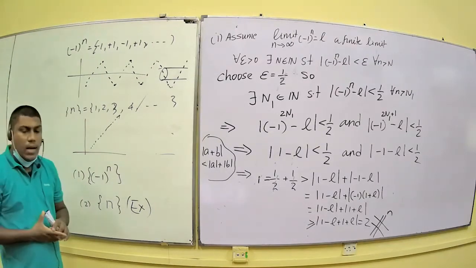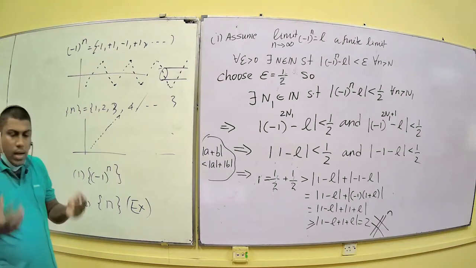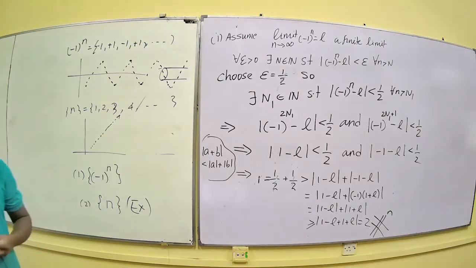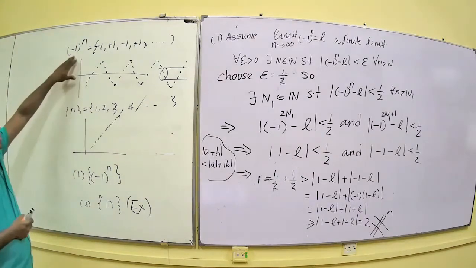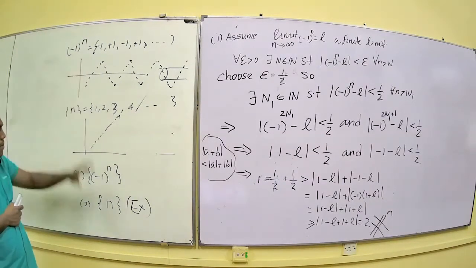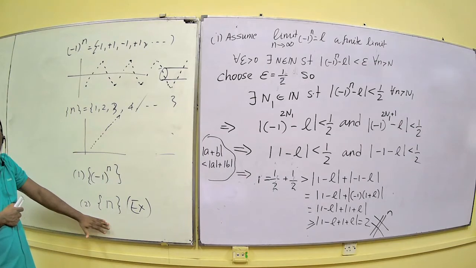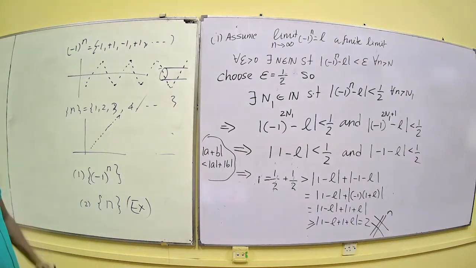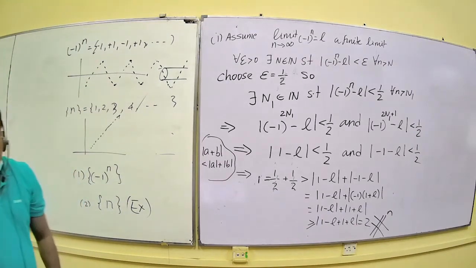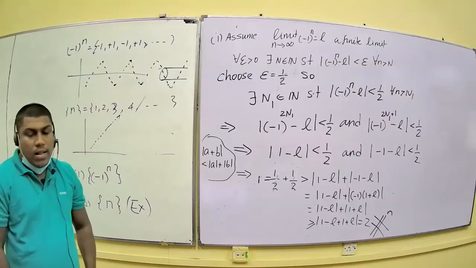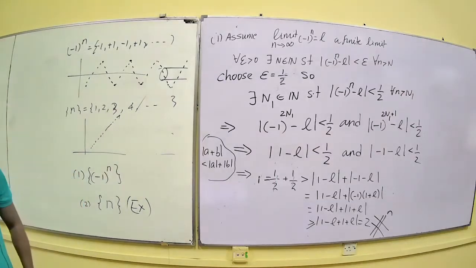Actually, it goes to infinity. When n goes to infinity, the sequence also goes to infinity. That is why it does not have a finite limit. So in the first example, there is no limit, but in this example, there is a limit, but the limit is infinity. These are the slight differences. But because we are talking about finite limits, let us stick with the finite limit.